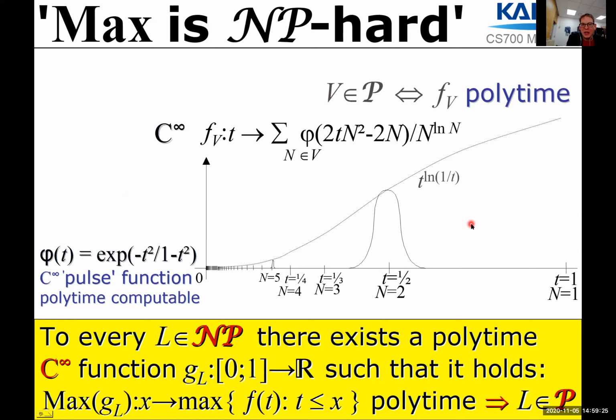In what way? Well, given some integer capital N, check whether this integer belongs to V or not in the following way.